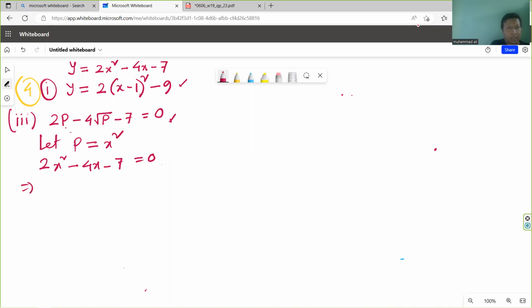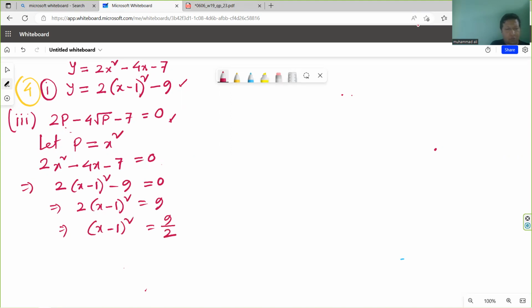The form is 2(x − 1)² − 9 equals 0. So 2(x − 1)² equals 9, so (x − 1)² equals 9/2.